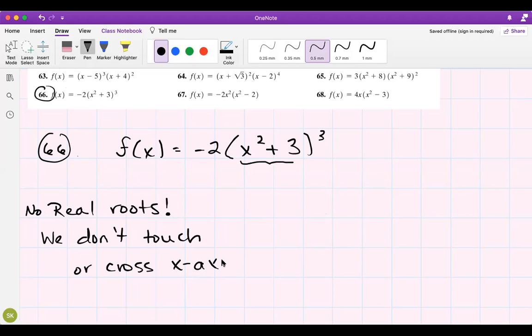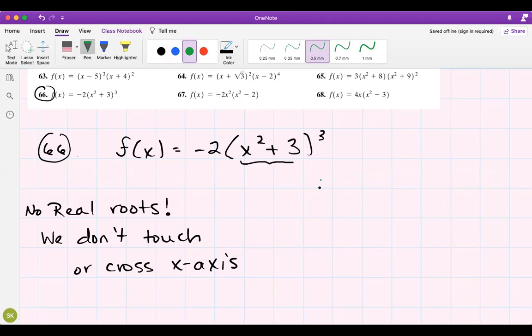Well, how is that even possible? Well, think about it. We've had parabolas before that didn't touch or cross the x-axis. In fact, if your degree is even, this is possible. Notice that the degree of this function, well, we have an x squared, and then if we cube this, we're going to get an x to the 6.